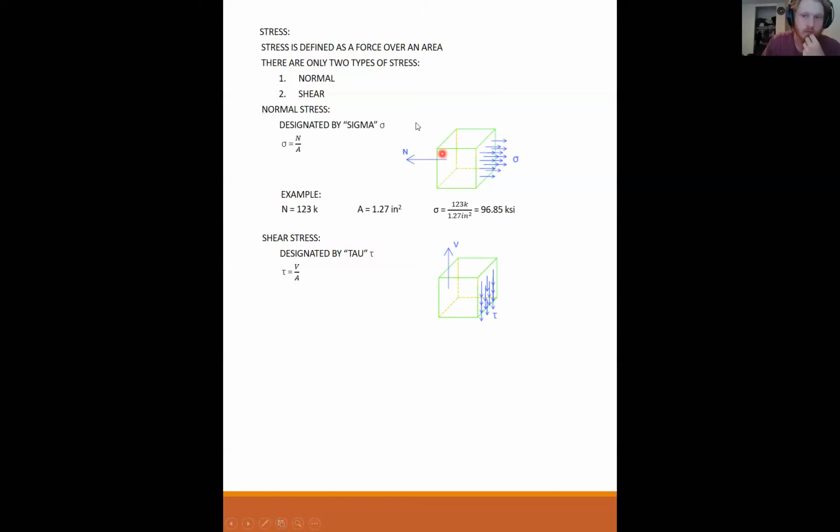It would cause a stress at that same angle, but that stress could be resolved into the normal stress and the shear stress. One component would be normal, the other component would be shear. So a force or stress at any angle can always be resolved to a normal force and a shear force, or a normal stress and a shear stress.